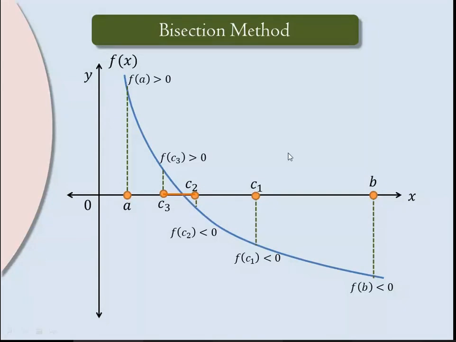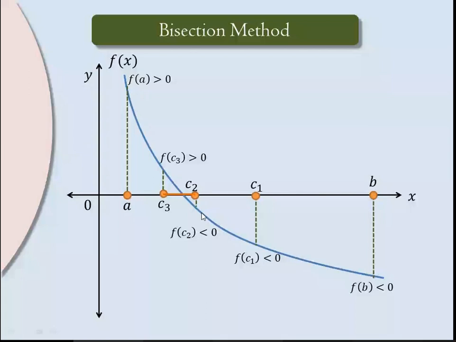Here there is no separate formula to remember. First of all, we have to find the initial points a and b for which the function is positive and negative. Then take half of that interval, the midpoint, and at that point find the value of the function. Then check with the initial interval, whichever has opposite signs, take that as the new interval.